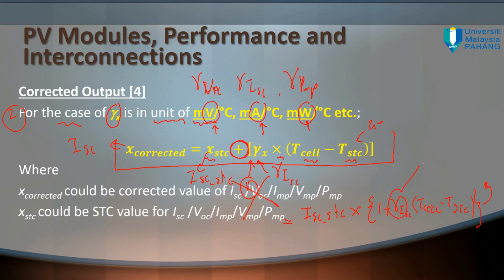This value is percentage per degree C. For the case of values in amps, ISC STC is still the same but plus, no one. Directly the temperature coefficient of ISC, T cell minus TSTC. Clear. So it's a different way. This is different. And this is different.